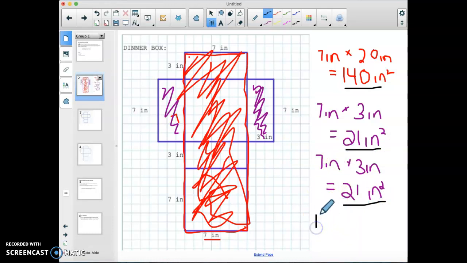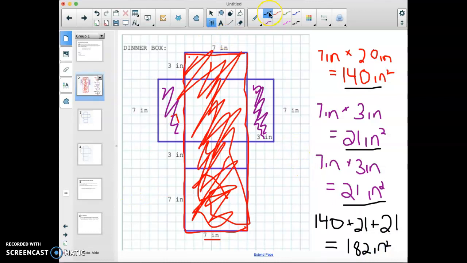So 140 plus 21 plus 21. I would ask the students to take out their calculators and do that math for me and shout out the answer once they got it. If they typed it all into the calculator correctly, their answer should be 182 inches squared.